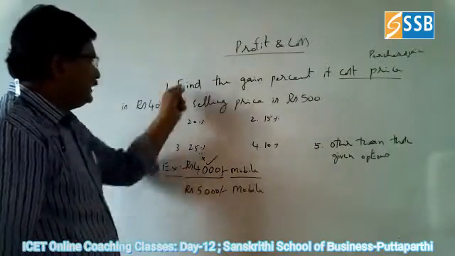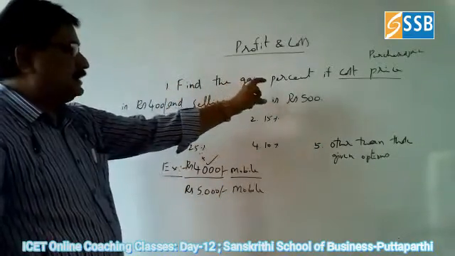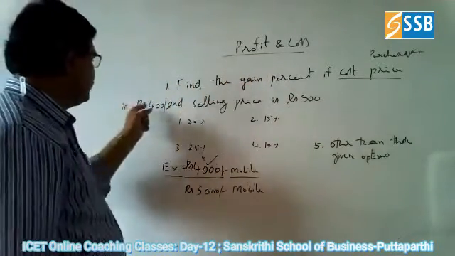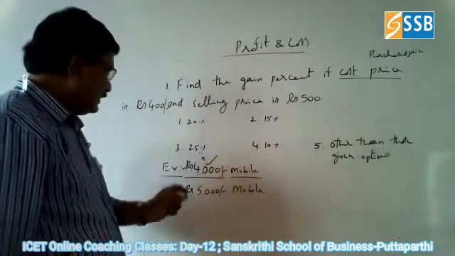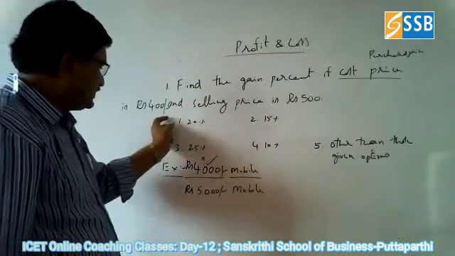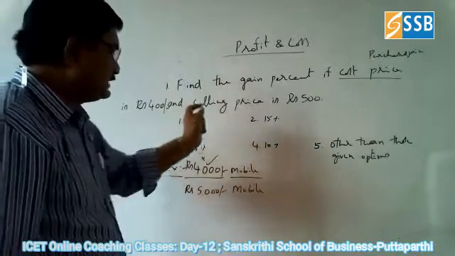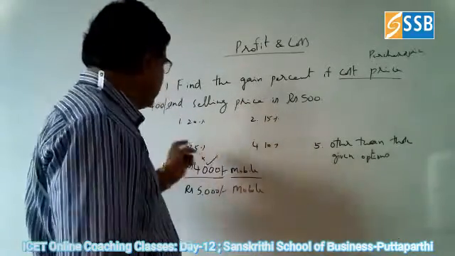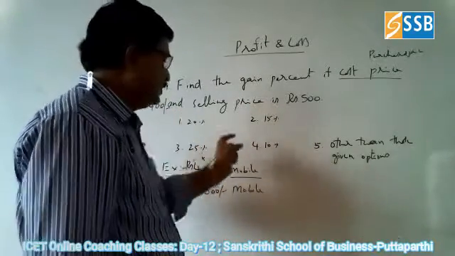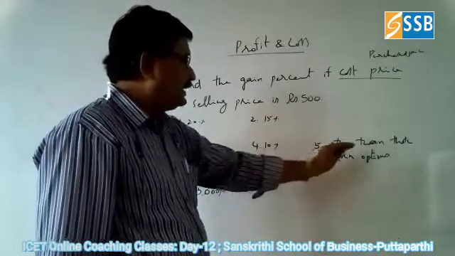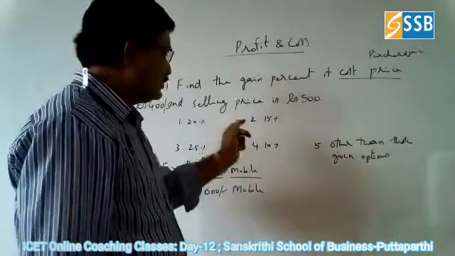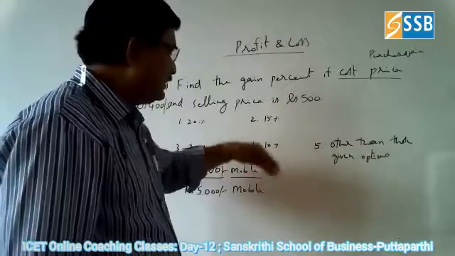So here find the gain percent if cost price is rupees 400 and selling price is 500. According to this, first option is 20%, second option is 15%, third option is 25%, fourth option is 10%, and fifth one other than those given options. So our answer is other than or beyond this.